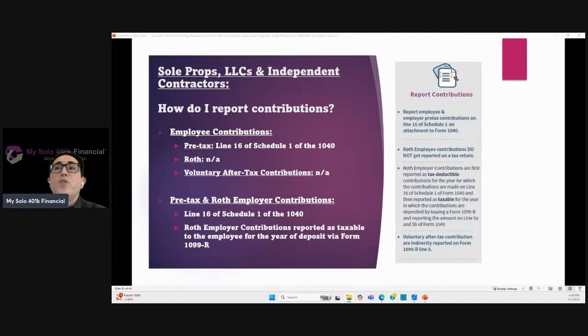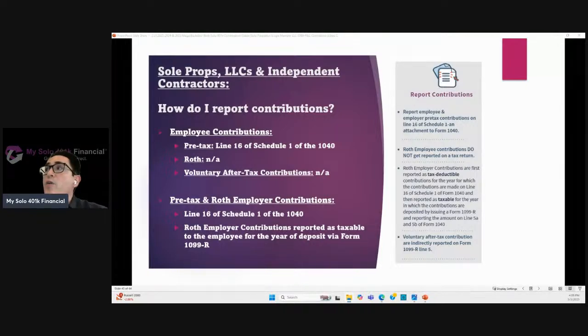Now, with our solo 401k plan, our plan allows for all types of contributions. So not only pre-tax contributions, which has the benefit of reducing your taxable income now for the year for which you make the contribution, but also allows for Roth and even mega backdoor Roth contributions.